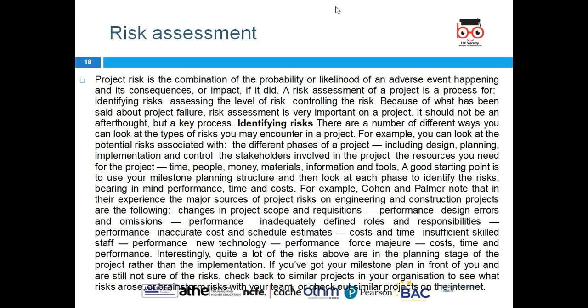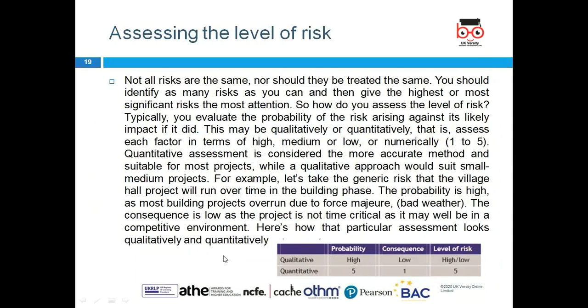Project risk is a combination of the probability or likelihood of an adverse event happening and its consequences. First of all, you need to identify the risk. What can the risks be? Think about prices going up, labor going on strike, material shortages, a supplier not being able to deliver, the sponsor perhaps not issuing the money, and ultimately your project being stuck in the middle and not completed in time.